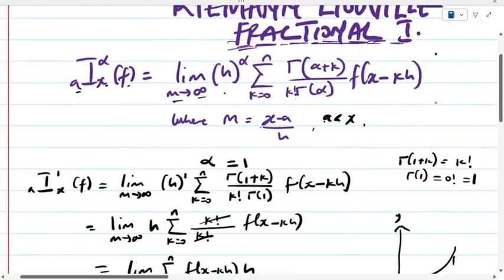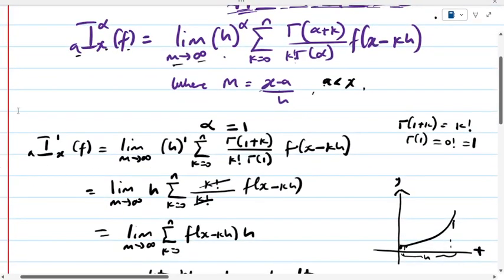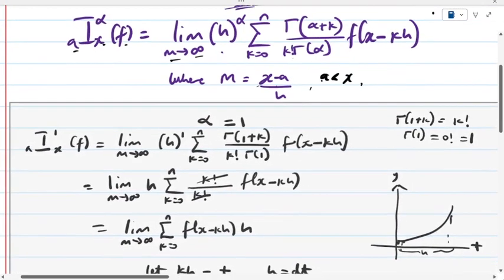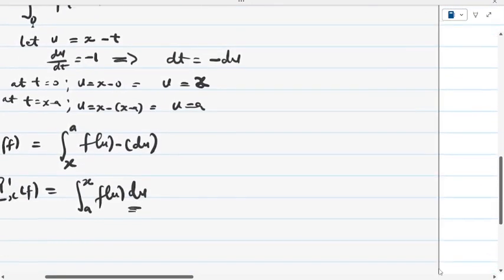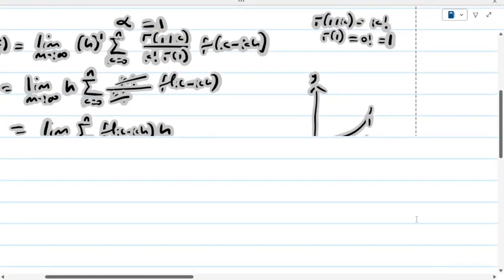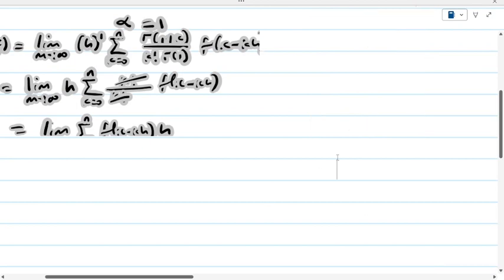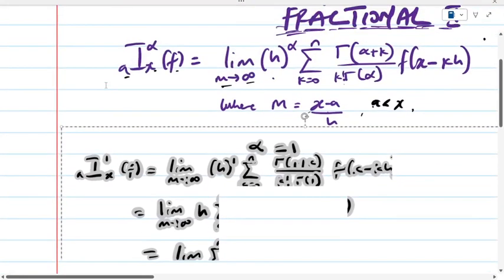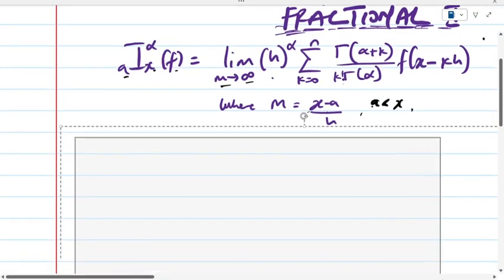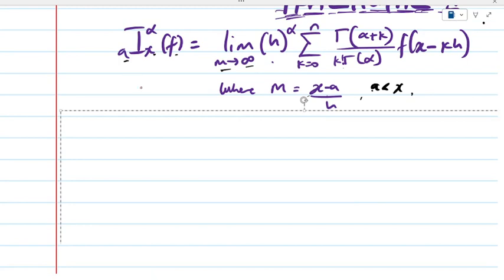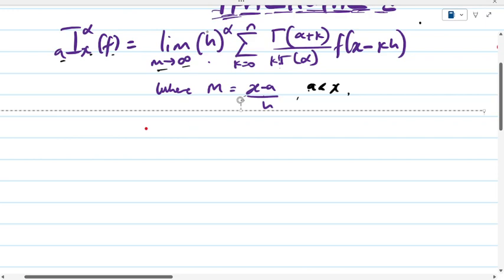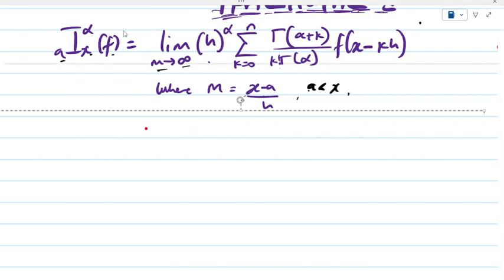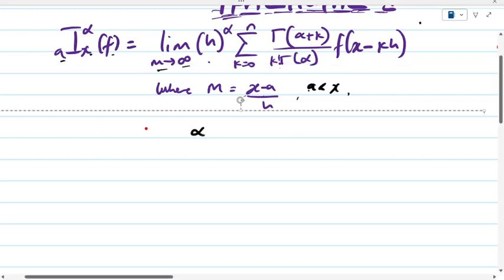So then I come back here and find out when our alpha equals 2. Let me delete all this. So when alpha equals 2, that's what we are going to have.